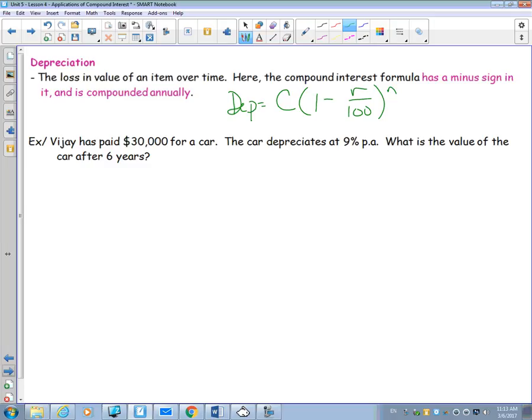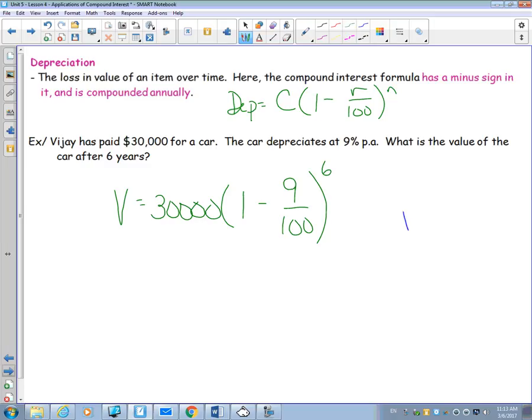So if we look at this last example here, we've got VJ. He paid $30,000 for a car. Value depreciates at 9% per year. What's the value of the car after 6 years? So his value started at 30,000. It's going to go down 9% per year. That's going to do that for 6 years. And just before we answer, I want you to stop and think for a second.